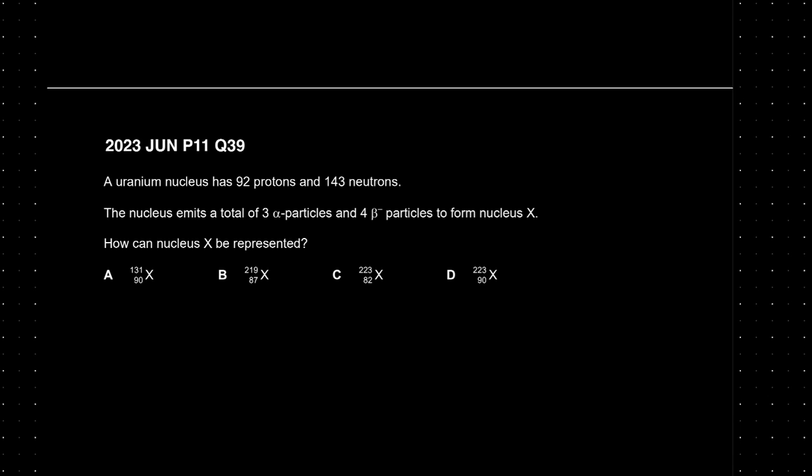So the 143 is just the neutrons. So 143 plus 92, I have 235 as my nucleon number. 3 alpha particles means that 3 times 4, this reduces by 12.